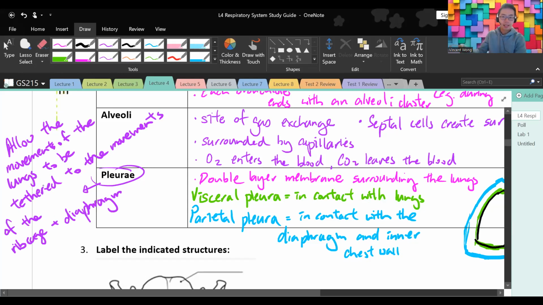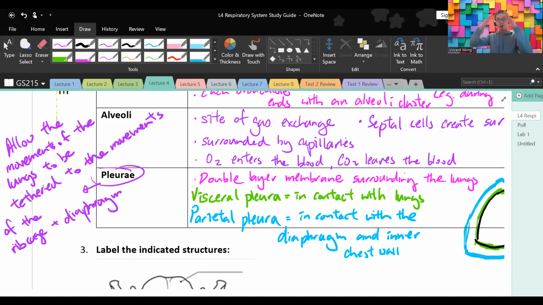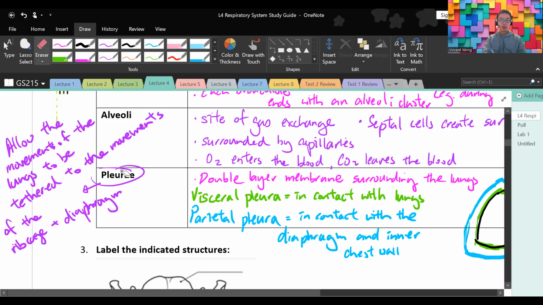Right? Tether, right? Like you pull it along, right? So again, right? When your rib cage move in and out, when your diaphragm goes up and down, it will pull the lungs along with it. And that's possible because of the pleurae.